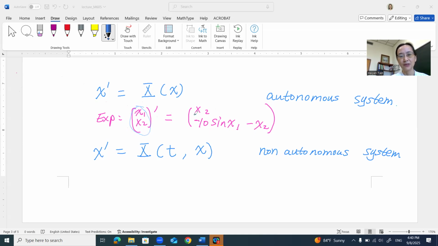The first component of the vector field depends on only the components of the x vector. So we have an autonomous system. We don't see the t variable.